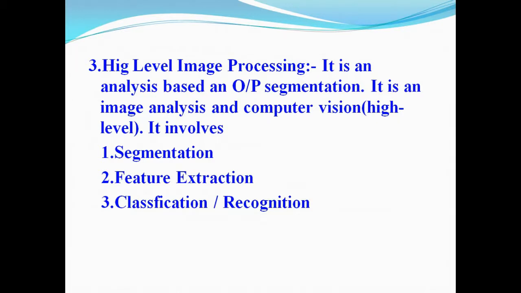Next, feature extraction, which is also a kind of methodology, extracting the features of the specified object. Then the next one is classification or recognition, identifying and recognizing whether this is the specified object or not, whether this is the expected output or not, whether this is the expected result or not. These things happen in high level image processing.